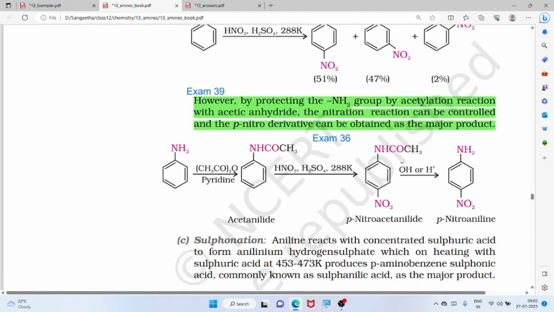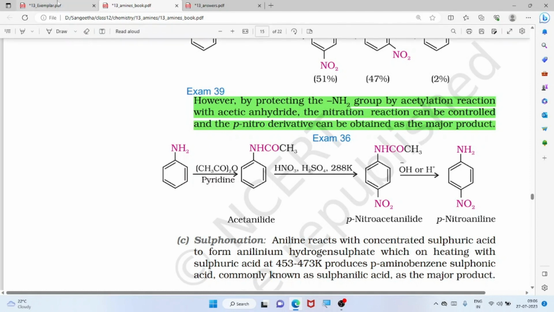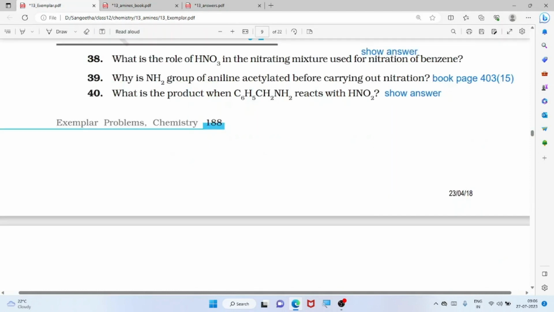By protecting this NH2 group through the acylation reaction with acetic anhydride, the nitration reaction can be controlled and the p-nitro derivative can be obtained as the major product. We are doing this acetylation before carrying out the nitration to get the p-nitro as the major product.